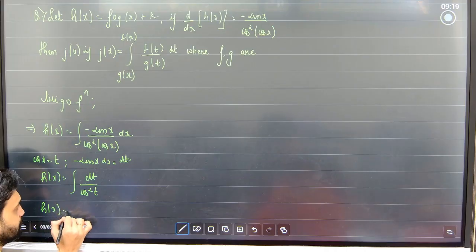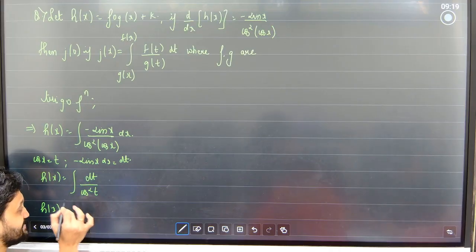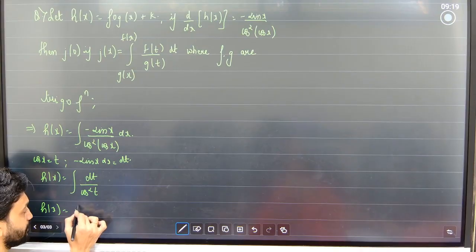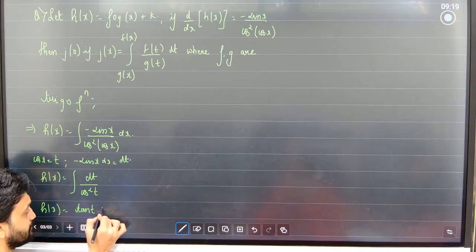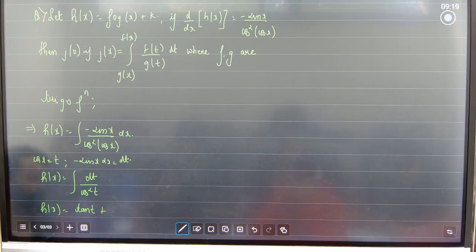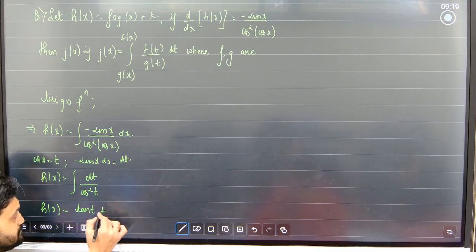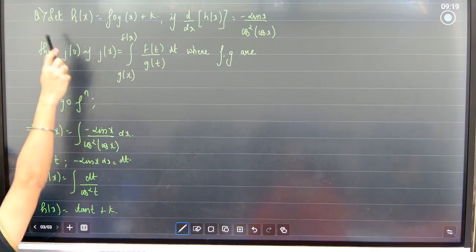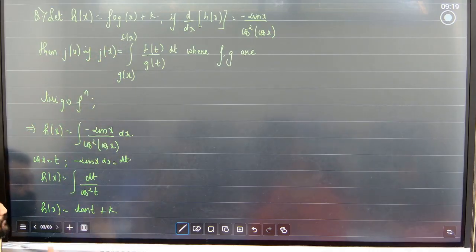So h of x is equal to 1 upon cos square t is sec square t, and integration of sec square t is tan t plus कुछ दिया उन्होंने tan t plus कुछ नहीं दिया. So let's take this as k. Why k? Because h of x is equal to f of g of x plus k दिया.